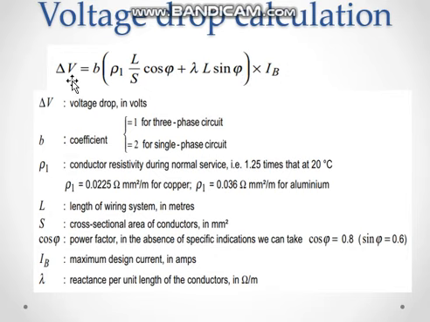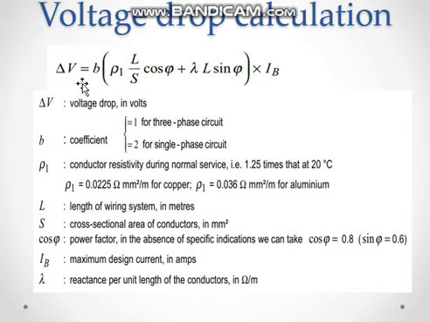So if you get the voltage drop, for example, you have a single phase system, you get a voltage drop of 10, you have to divide this 10 by 220 as the nominal voltage, times 100, to check the percentage voltage drop.